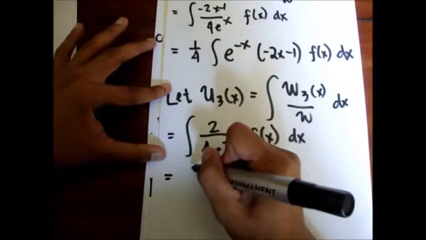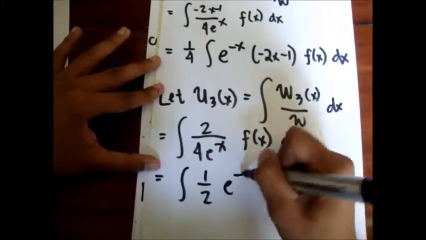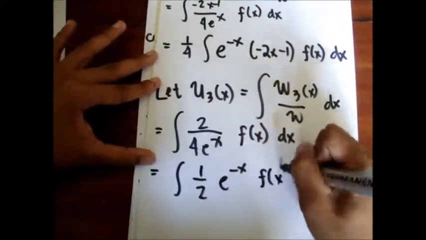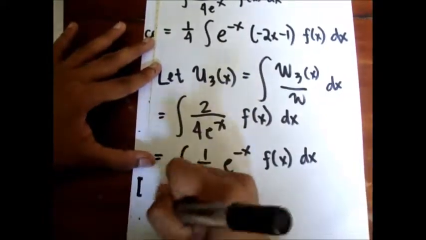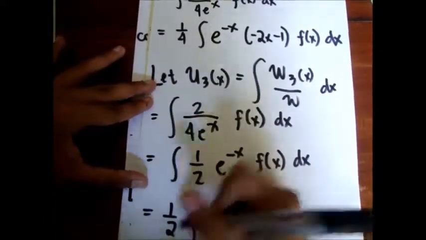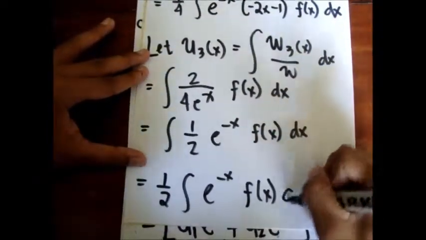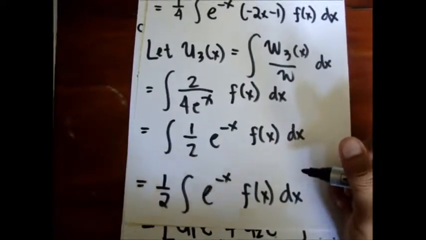Then, to simplify it further, we get 1/2 integral of e raised to negative x, f of x dx. So our final answer for u3 is 1/2 integral of e raised to negative x f of x dx. So we already solved u1, u2, and u3.